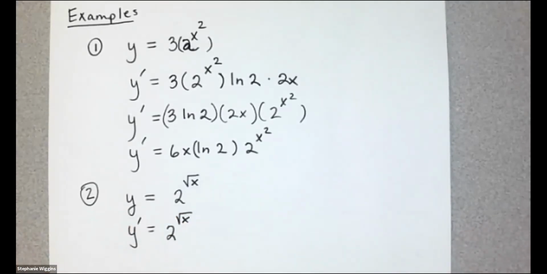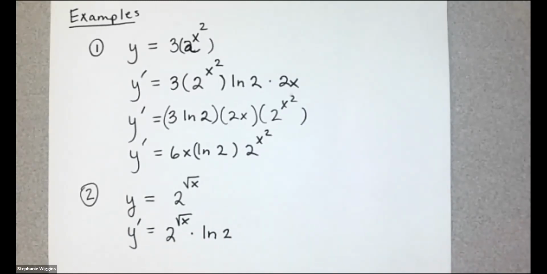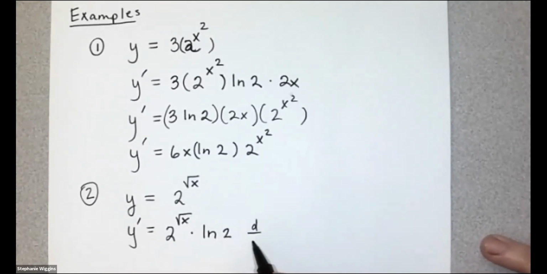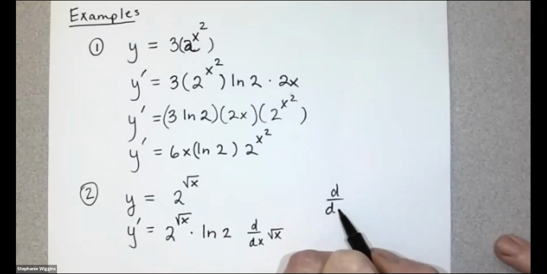Now I'm going to say to myself, this constant here, this 2, is not equal to e. Therefore, I have to multiply by the natural log of 2. And then I'm going to say to myself, the exponent is not just plain old x, so I apply the chain rule, and I have to multiply by the derivative of the square root of x. And just to refresh your memory, what is the derivative of the square root of x?